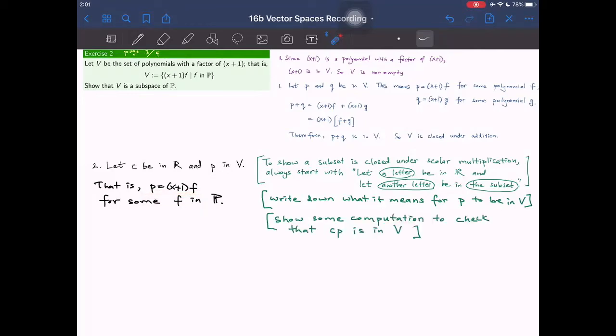Our goal is to show that C times P stays in the subset V. So now we will do some computation to check that. I will substitute P with x plus 1 times f.